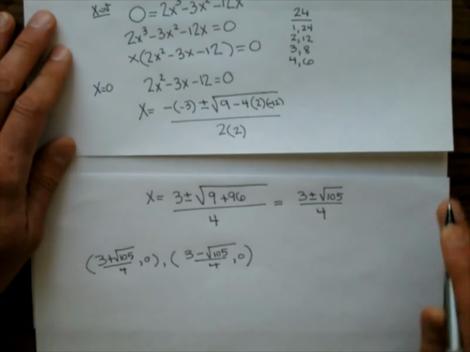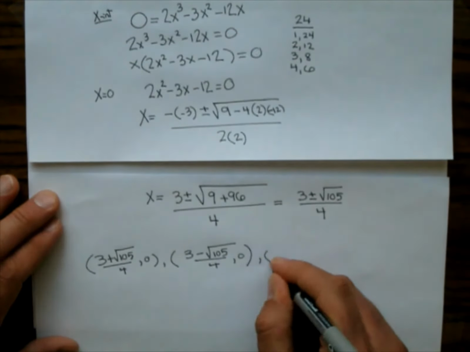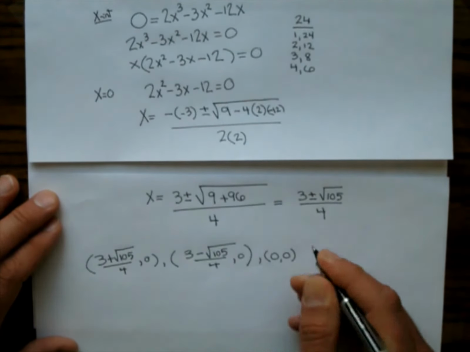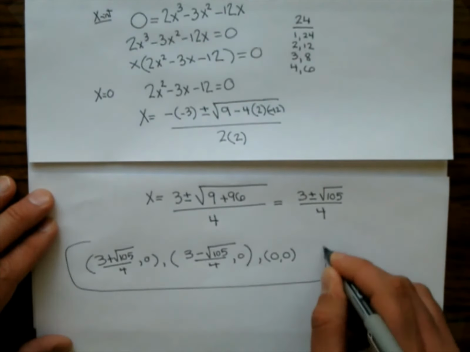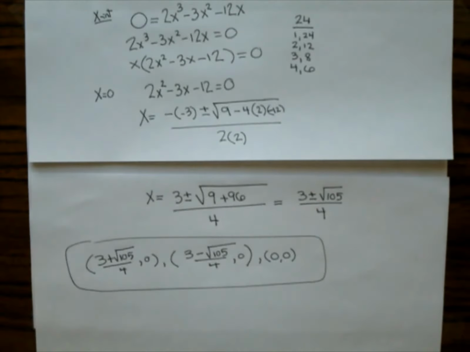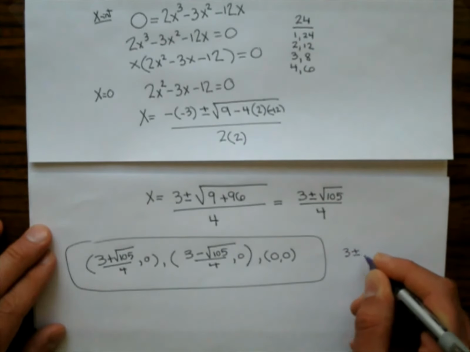And then don't forget that we have another x-intercept right here, which is (0, 0). We're not so surprised because that was a y-intercept. So here are my x-intercepts. It's acceptable in this class to write them like this, to just write the values here.